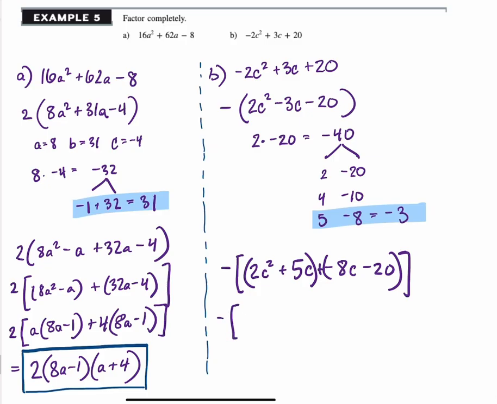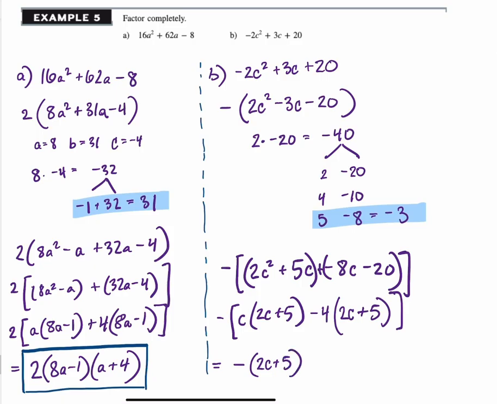The first one has a c in common, so we'll have 2c plus 5 left over. And then in the second one, they're both divisible by negative 4. Negative 8 divided by negative 4 is positive 2. We have the c there. Then negative 20 divided by negative 4 gives us the positive 5. So we still have that negative, and then our common factor 2c plus 5, and then the remaining c minus 4.